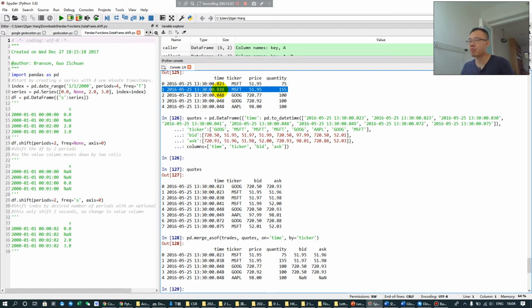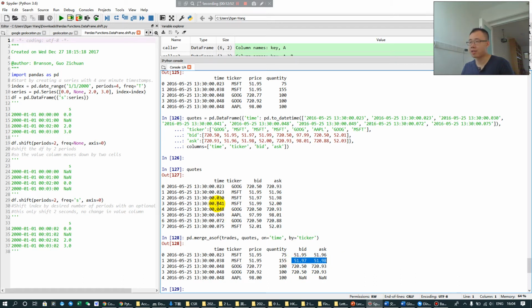So before 038, the closest time is 030 for Microsoft. So this bid and ask price are being merged here.